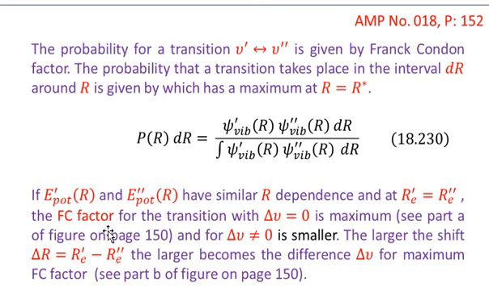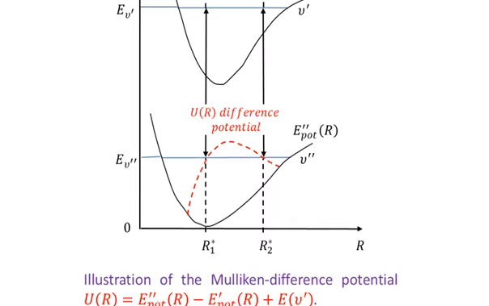the Frank-Condon factor for the transition with delta V equal to 0 is maximum, which I have shown in part number A of figure number 150 on page number 150.